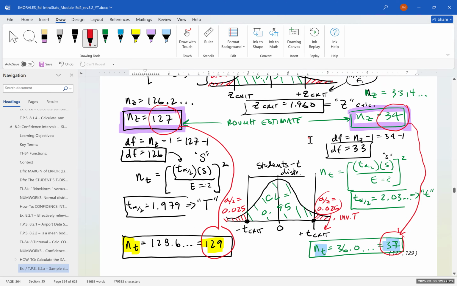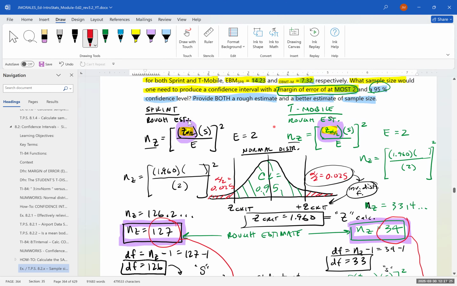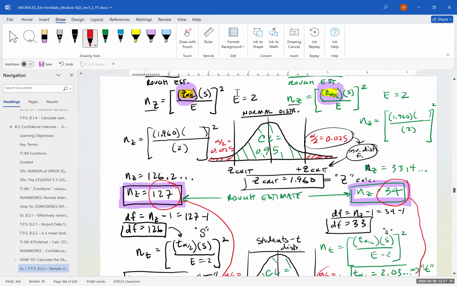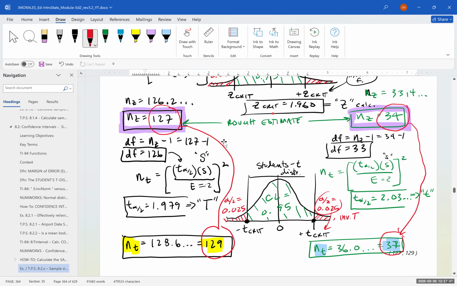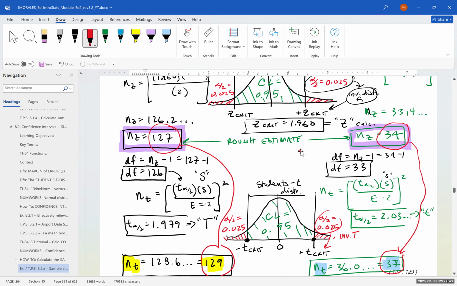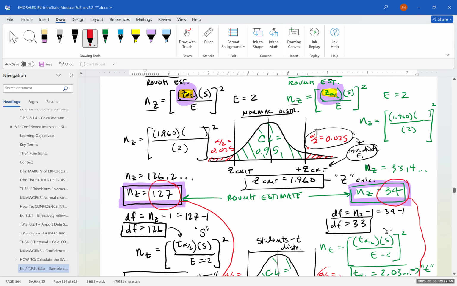But I want to tell you again, this is the power of writing out your solutions. I'm not writing this solution down just purely for my benefit or your benefit. This is how I would go about solving a problem myself, because this is the only way you're going to be able to see your own mistakes, that you stored things in certain variables, that you draw this normal distribution and you see what you thought the distribution was.